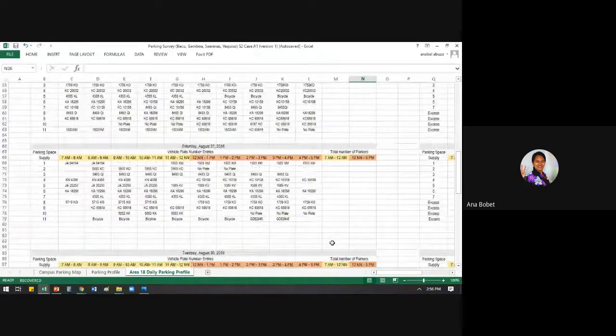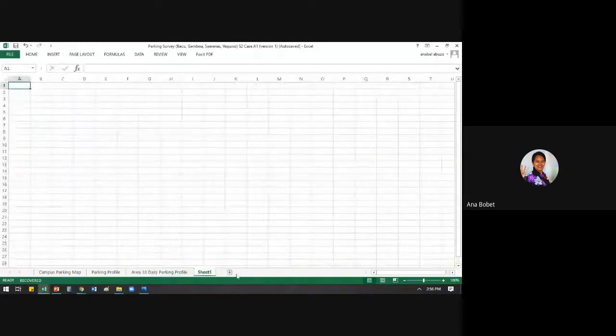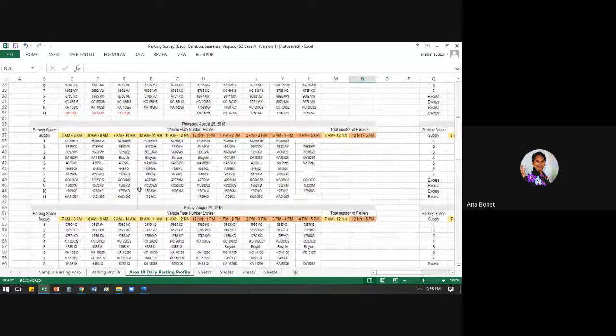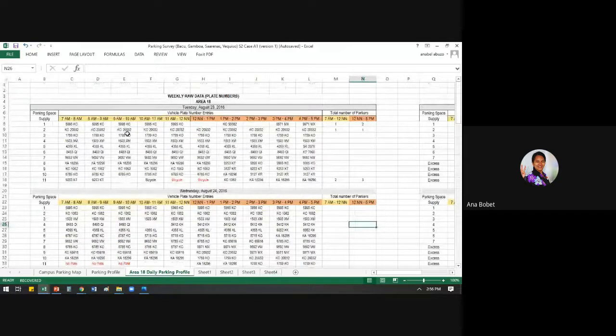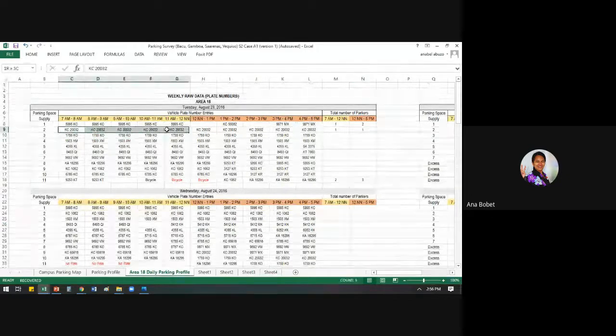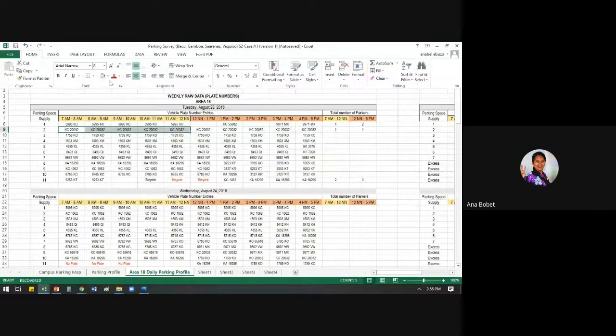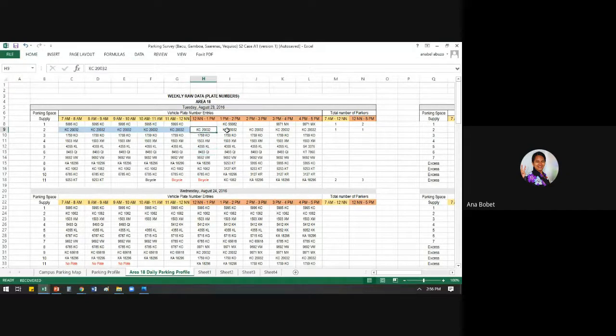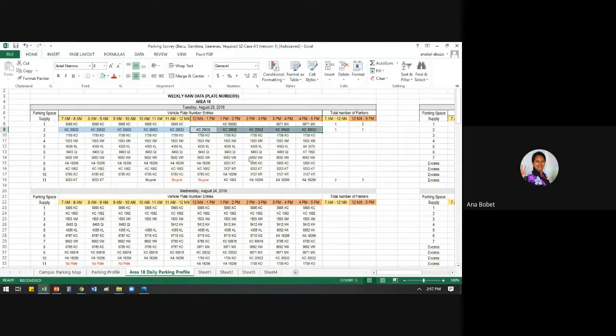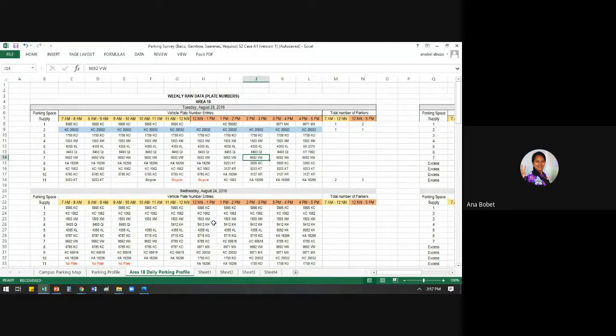Then when you make the additional sheet, it's for the calculations, as your basis: in one hour, how many parked. One person occupied the whole morning and the whole afternoon, so that's a very special case of parking. Monopoly.